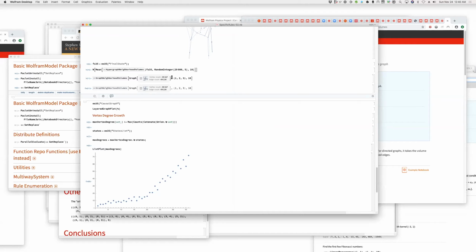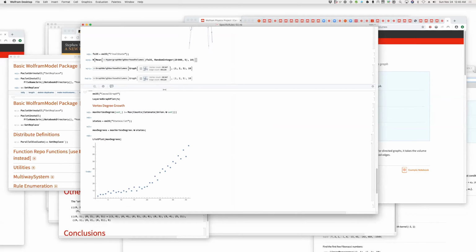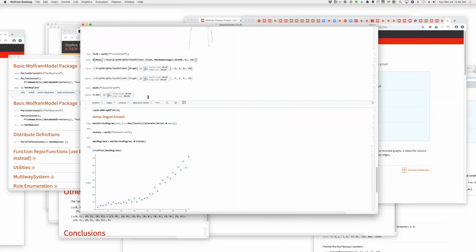This thing tries to make it into an undirected graph. Well, it looks like the graph diameter is 24, assuming edges are undirected, for the final state.